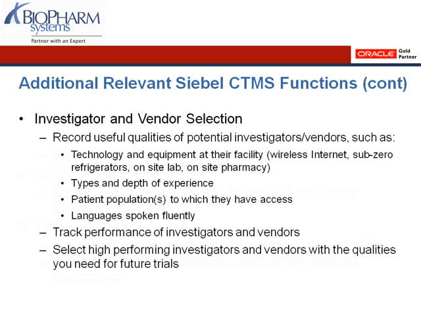So one of the features that is often overlooked is the investigator and vendor selection in Siebel CTMS. And this is a multi-level capability. It has several different components to it. One, it gives the ability to record useful qualities of potential investigators and vendors, such as the technology and equipment at their facility, whether they have wireless internet, sub-zero refrigerators, on-site labs, site pharmacy.